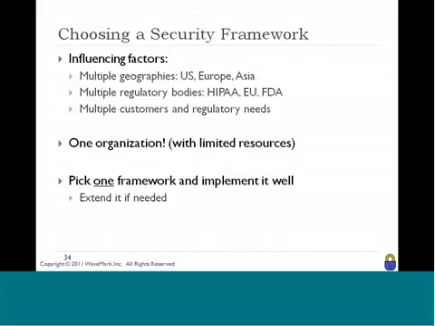Frameworks tend to have lots of overlap between them. Implementing several security frameworks end to end might end up wasting a lot of time. So the advice here is to go after one and extend it as needed and when needed.